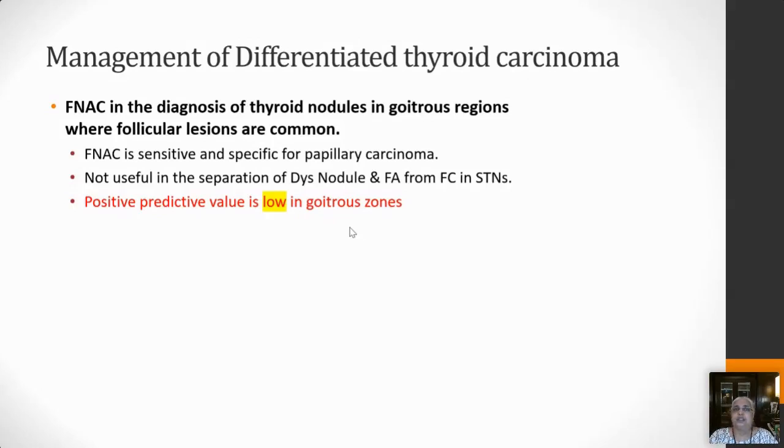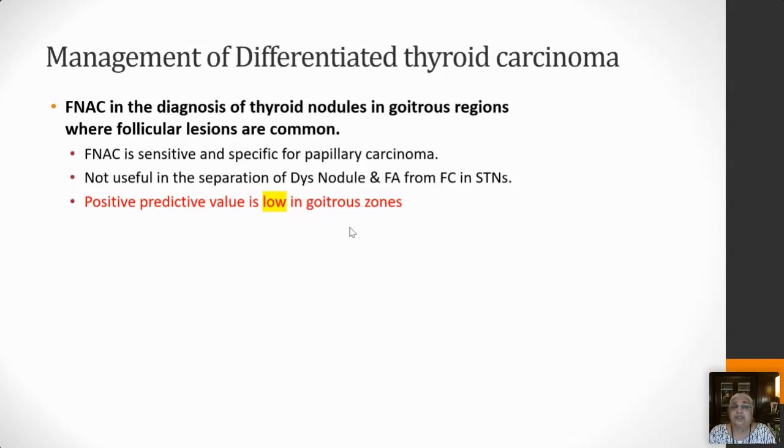I mean that as FNAC, you are going to pick up papillary thyroid carcinoma. So the positive predictive value will be high. But if you have a large area of a variety of different follicular patterned lesions, whether encapsulated or not, you do an FNAC and your positive predictive value is bound to be low for carcinoma.